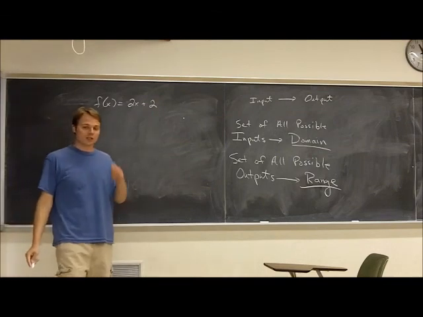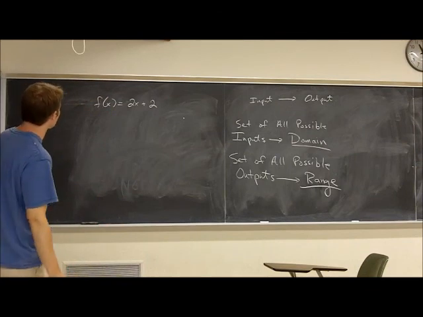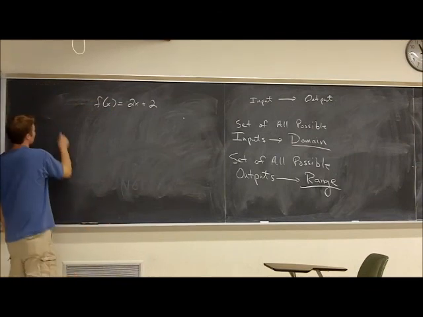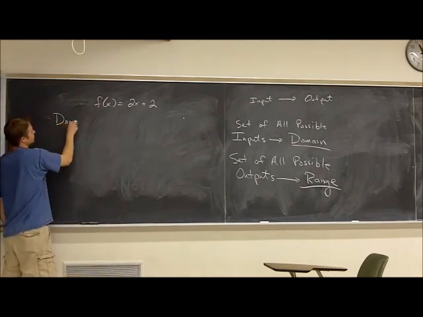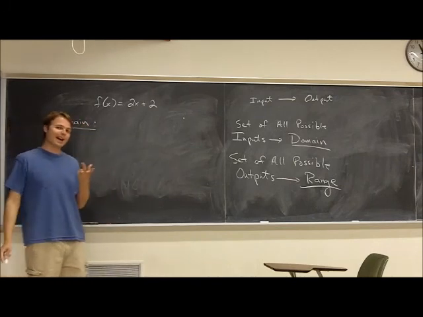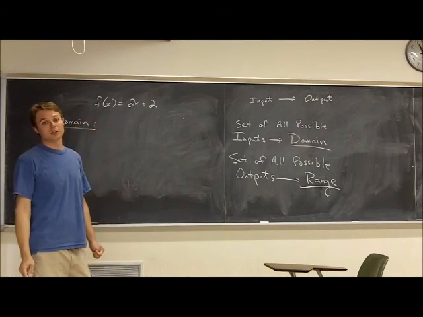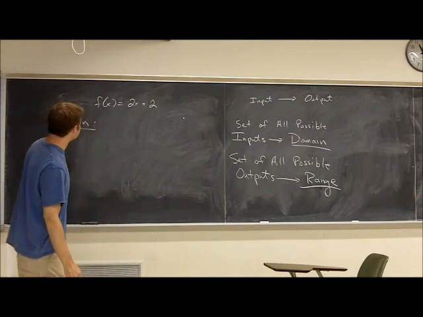I'd like to figure out what is the range and the domain of this function. So let's start with the domain. Remember, the domain is all the x values that I could put into this function. It's all the inputs that actually work with the function.